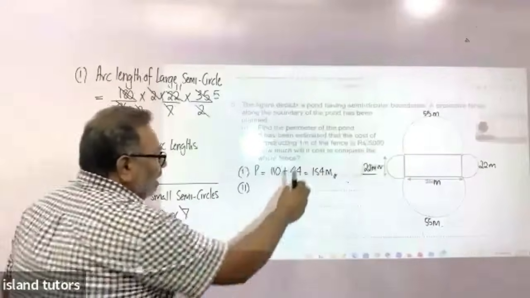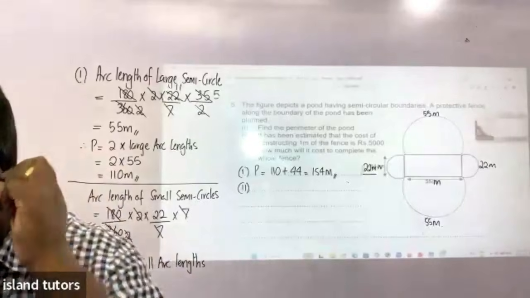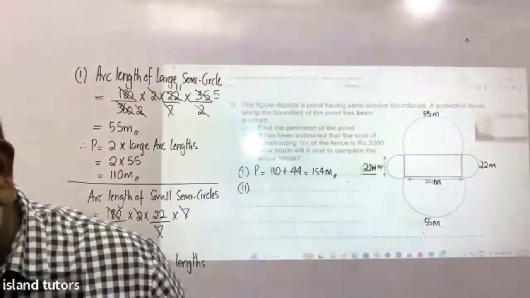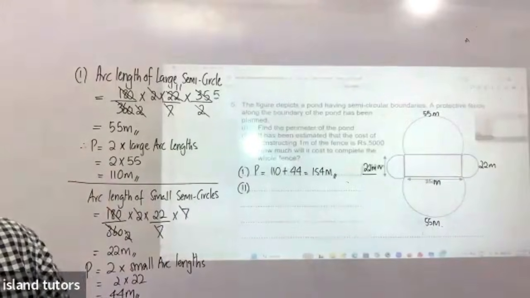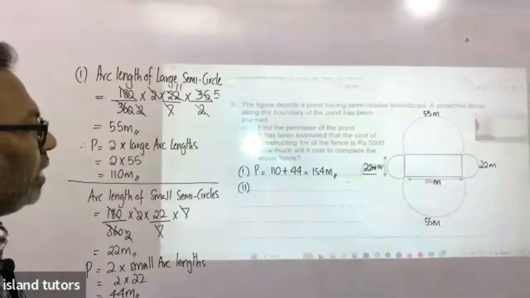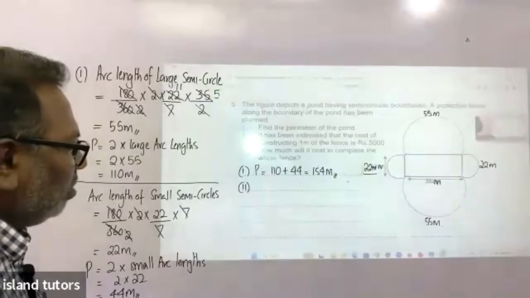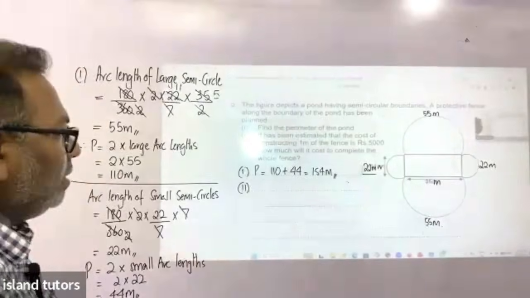We know the total length is 154 meters. Each meter they are calculating is 5,000. So what is going to be the total cost?